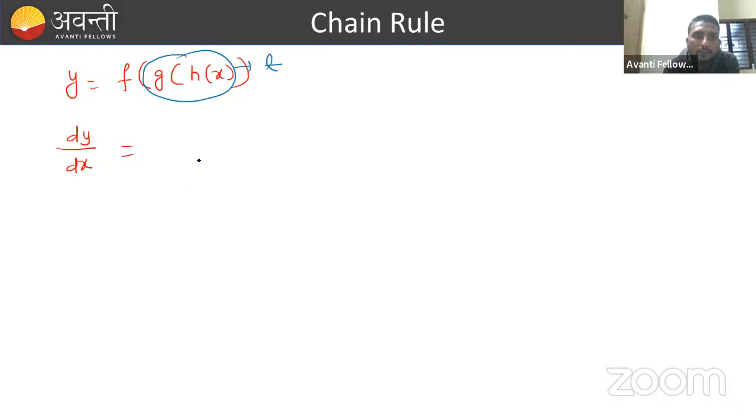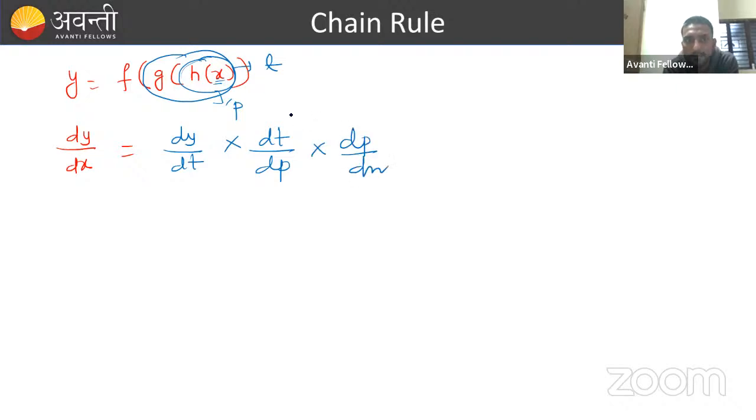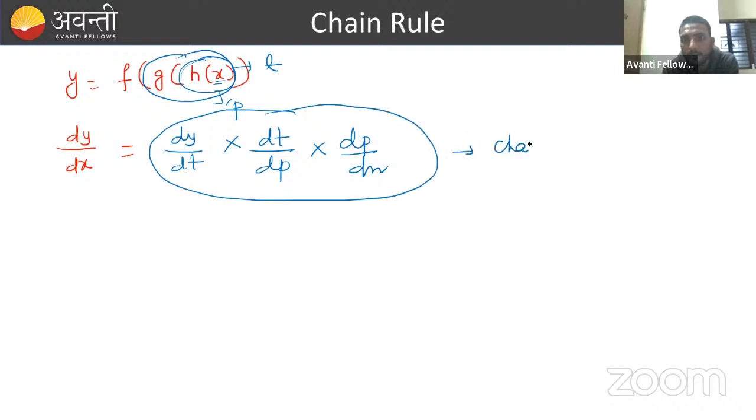So now it will be dy by dt. Again, in t there is an inside function, so h of x, I can consider as p. So again it will be dt by dp. Now in p, again we go inside, it is x only. So now we have dp by dx. So you can see there is a chain formation, a chain forming.